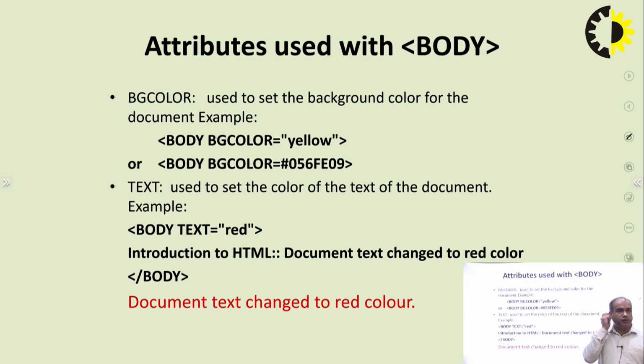The attributes used with body are bgcolor, which is used to set the background color of the document. We can supply a color name, or we can supply hexadecimal values. Hexadecimal values are a combination of R, G and B, which represent red, green and blue.